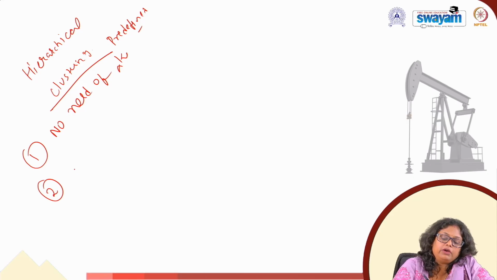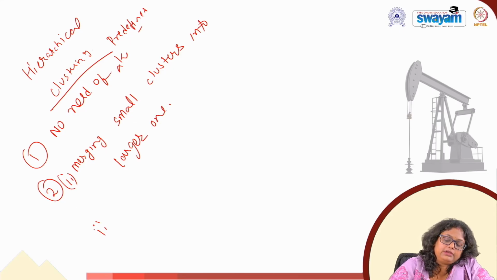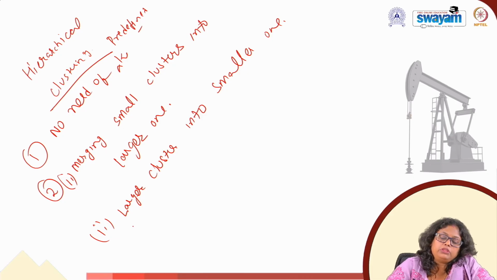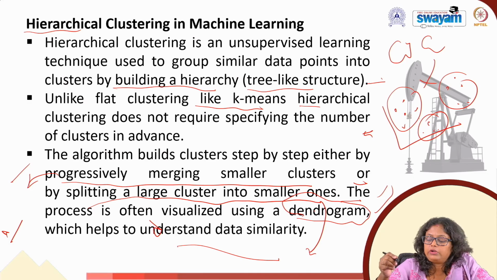One is merging small clusters into larger ones. Under the second, we have breaking down a larger cluster into smaller ones.